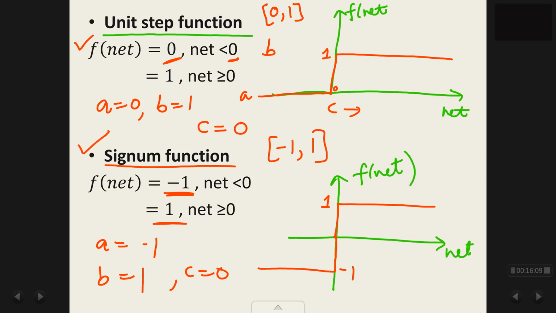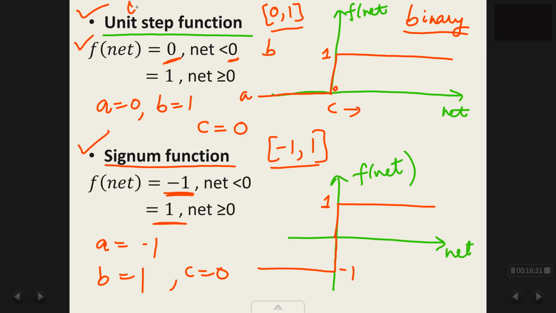So these are two very important functions which are used in neural networks, and these are binary functions, because the output can either be 0 or 1, or -1 and 1.